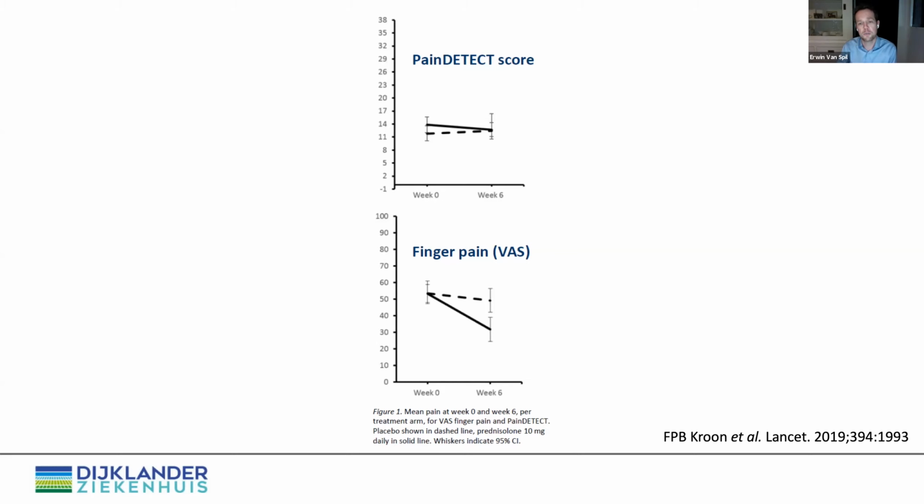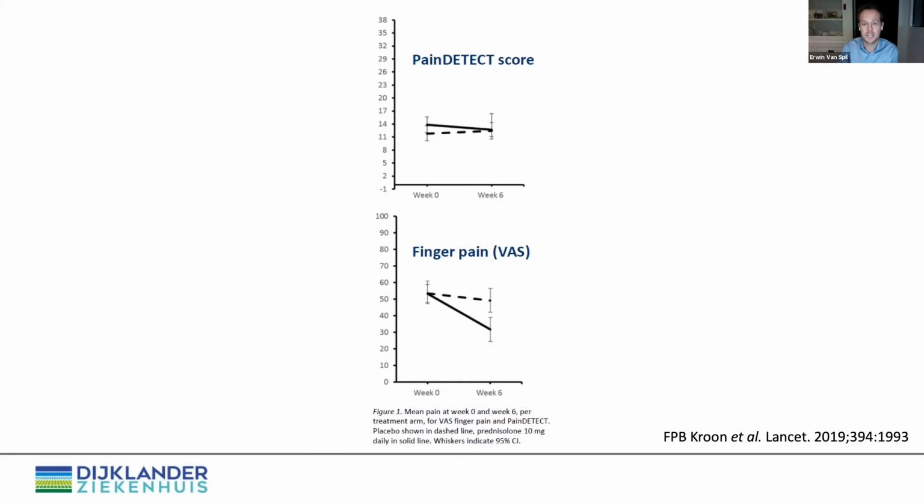So neuropathic pain, as could be expected, doesn't respond to prednisolone treatment. So residual pain in patients treated with prednisolone or people non-responsive to prednisolone might be patients that would also benefit from treatments directed at neuropathic pain.